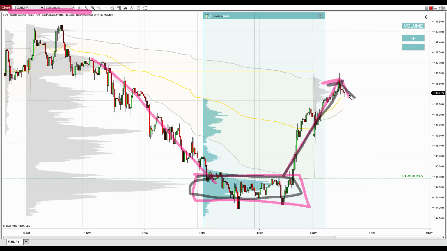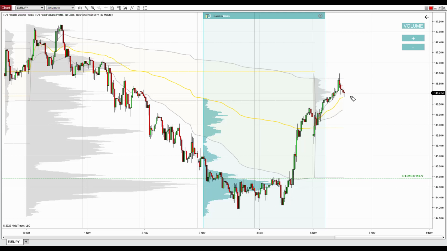Right? This is the new trend. So this is the super important zone, because in here, strong buyers who reversed the trend were building up the long positions, right in here. So it is likely that when the price makes it back to the beginning of that heavy volume zone, which is in here at 144.77, the buyers will want to defend this place and push the price upwards from here again, right?